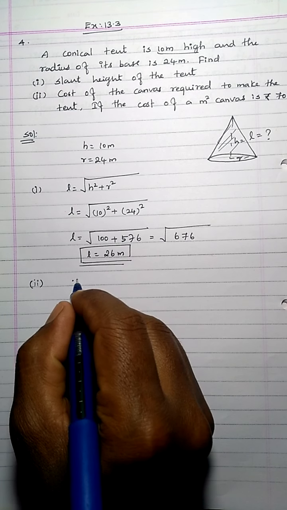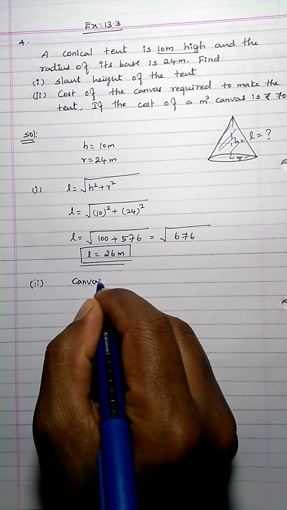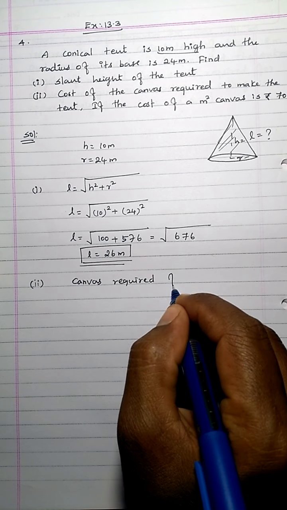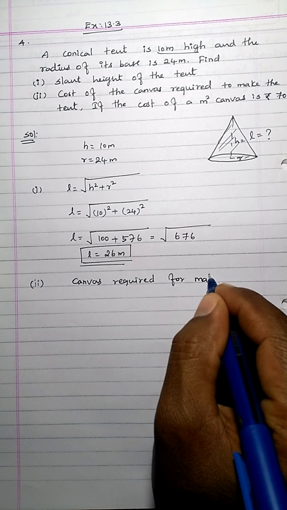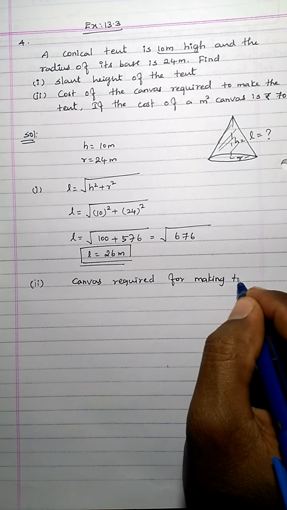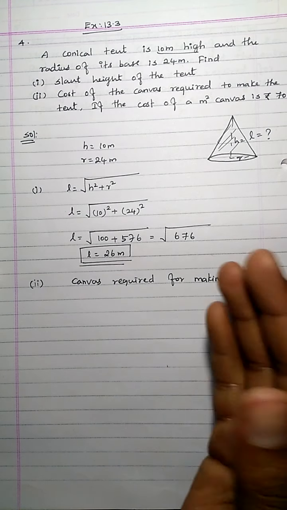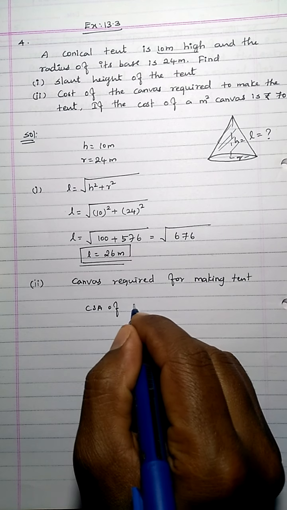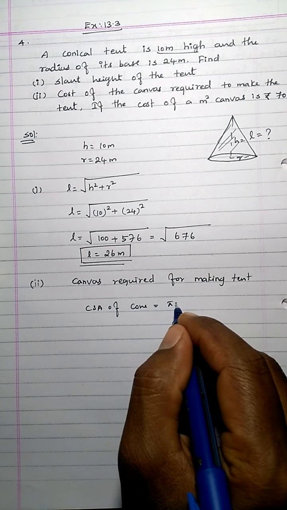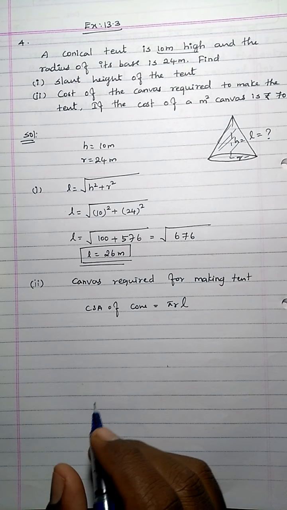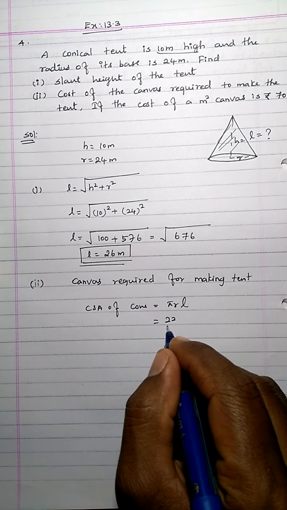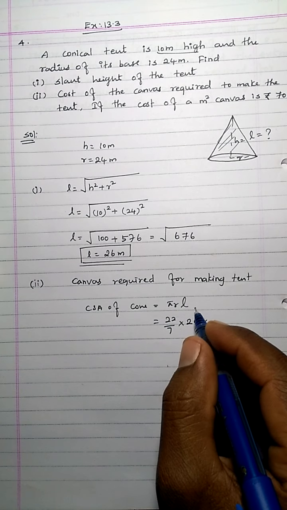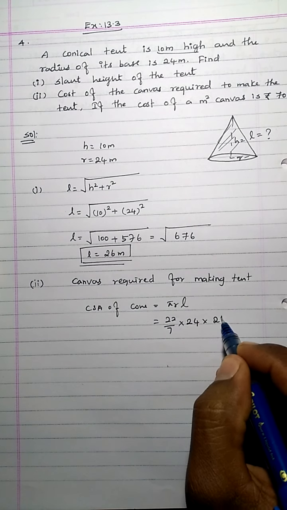So canvas required for making the tent. Let's find out how much canvas is required, which means the CSA of the cone. The formula we have is pi r L. So pi value 22 by 7 into radius 24, and L, the slant height we got here, 26.